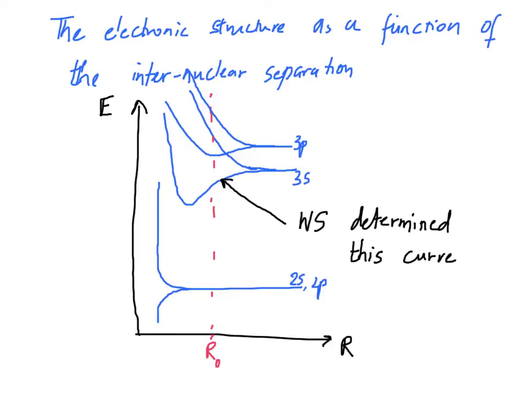So for any given value of R, let's say this is a particular value of R we are looking at, we have a range of energies, energy levels that are derived from the 3s atomic orbital that are allowed. So you have a range of energies over here, right? Now we need to occupy these energy levels with electrons until we run out of electrons.